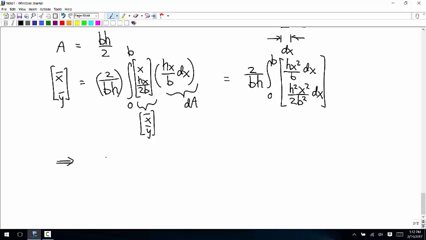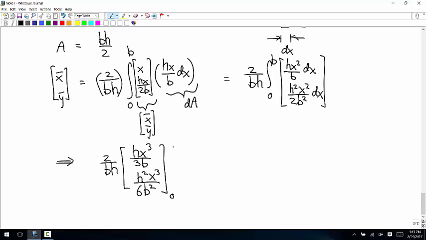So we get 2 over bh times, if we integrate the x component with respect to x, we get hx cubed over 3b. And the y component, we get h squared x cubed over 6b squared.